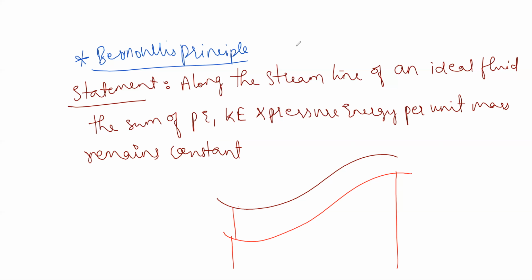Let us consider this is point A in the tube for flow of liquid, and this is point B. P1 and P2 are the pressures, and this is at a certain height H1, and this height is H2, and V1 and V2 are the velocities of flow of liquid at points A and B. In order to explain Bernoulli's theorem, we are drawing this diagram.